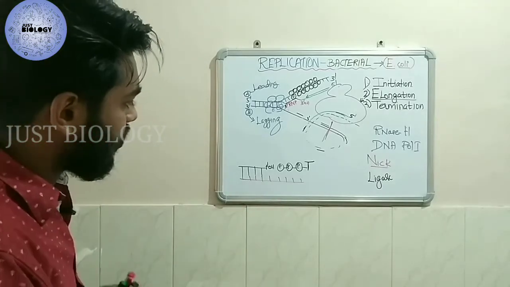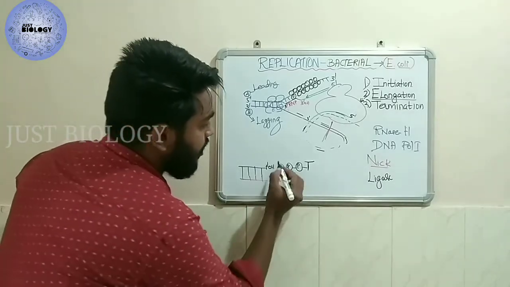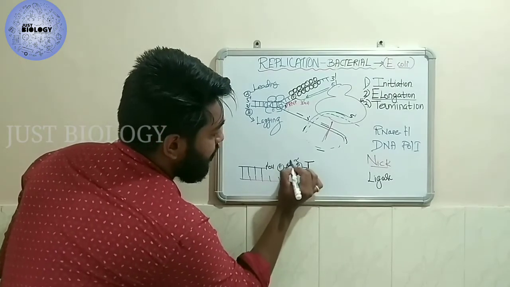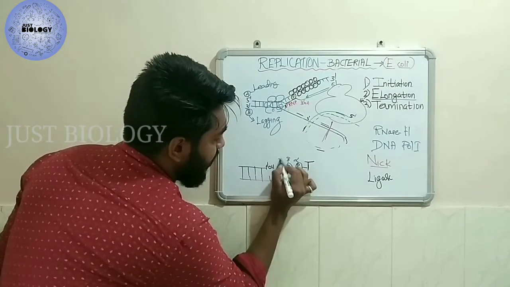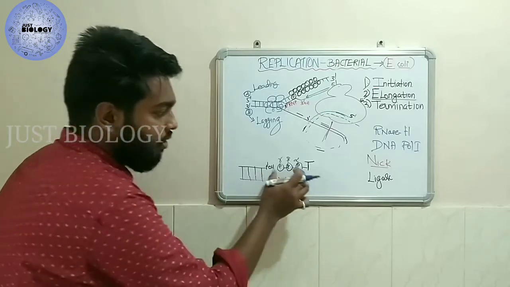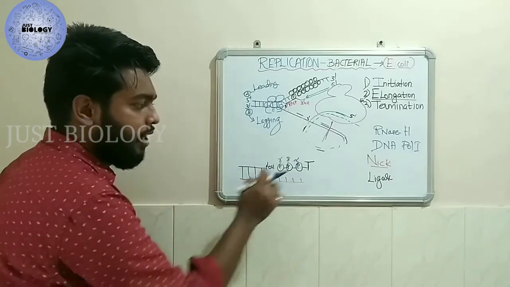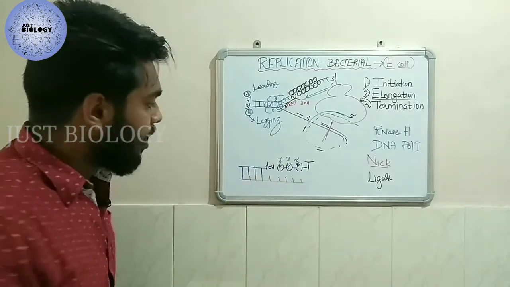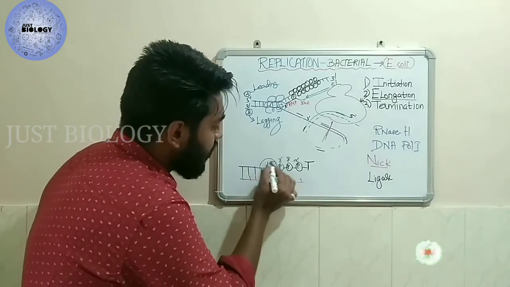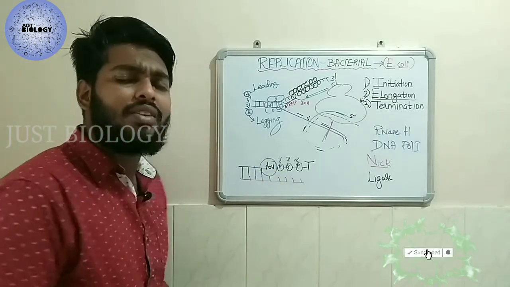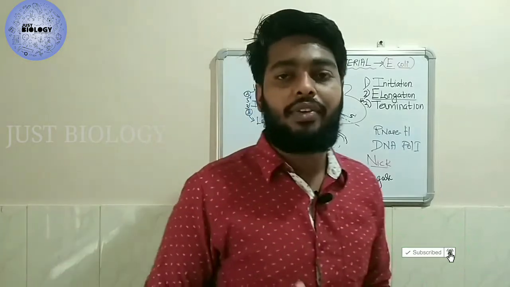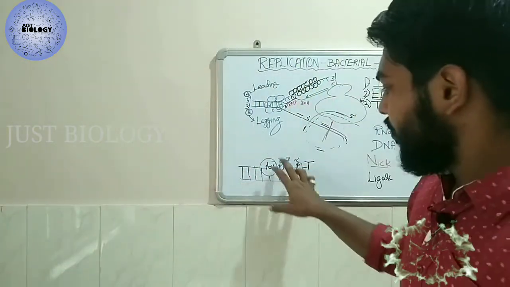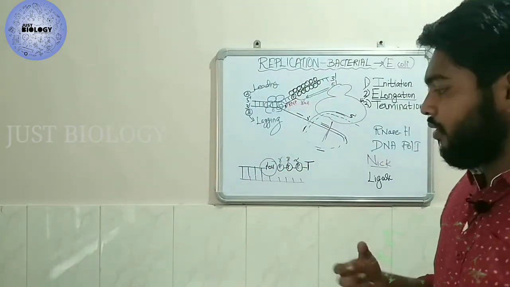Now let's look at it. We can call these three phosphates by different names: alpha phosphate, beta phosphate, and gamma phosphate. Now this is a 3' OH, and we know that it has a lone pair of electrons.